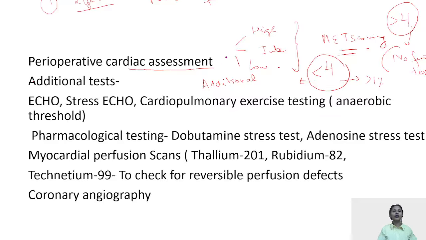The additional tests that we can do in cardiac patients are echocardiography, stress echocardiography, and most importantly, cardiopulmonary exercise testing. I have already told you about the functional status of the patient that we can judge through the history of the patient by taking the MET scoring or the Duke Activity Index. But we can also do certain tests which can help us in knowing the cardiopulmonary exercise testing capacity of that patient.